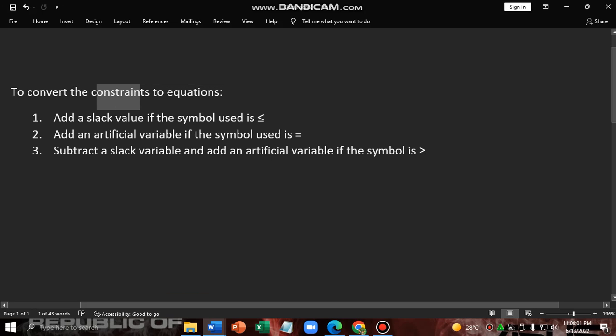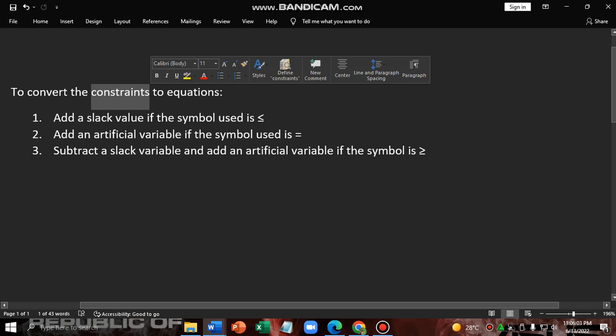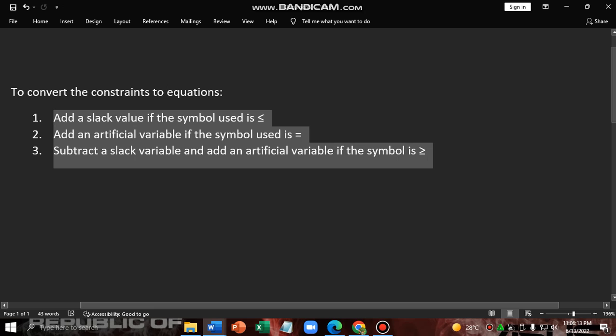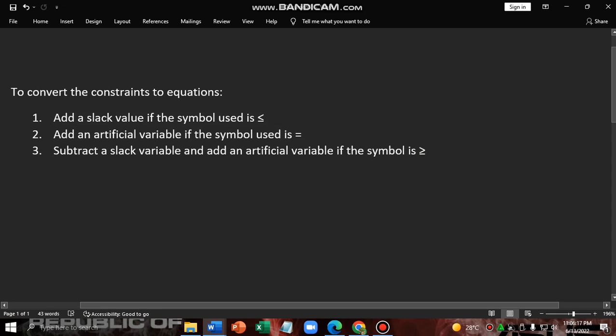Now that the constraints are set, we convert them into equations. There are three things to consider. First, add a slack variable if the symbol used is less than or equal to.